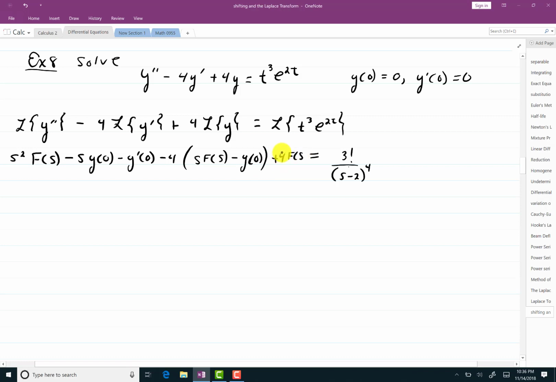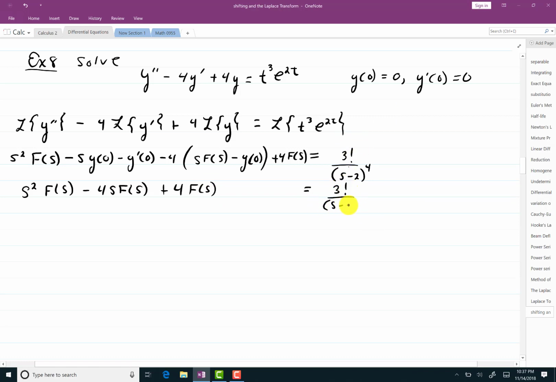And of course, because of the initial conditions, all of these y of 0s and y prime of 0s disappear. I'll have s squared capital F of s minus 4s capital F of s plus 4 capital F of s. And that equals, you can leave the 3 factorial there if you want. You can call it 6 if you like, but I'll leave it there.